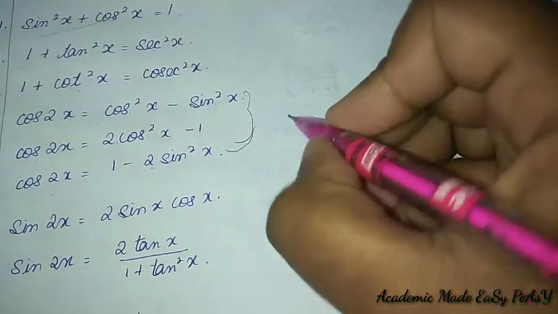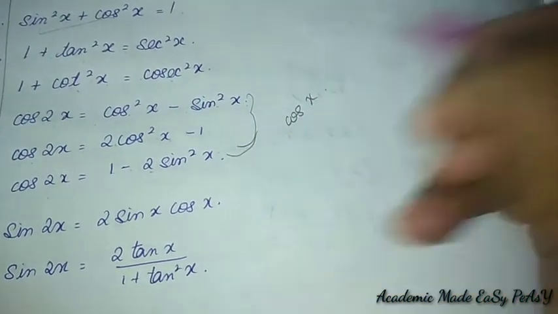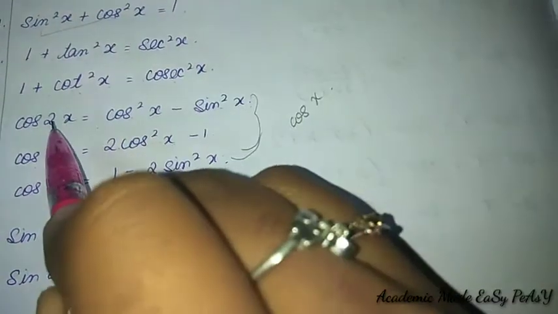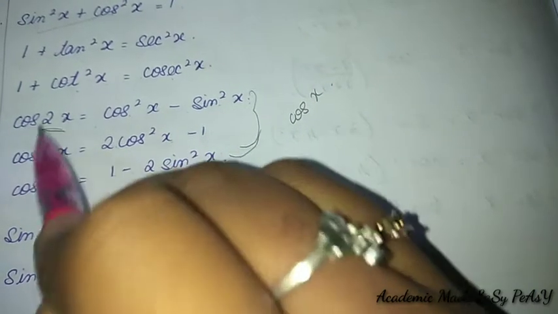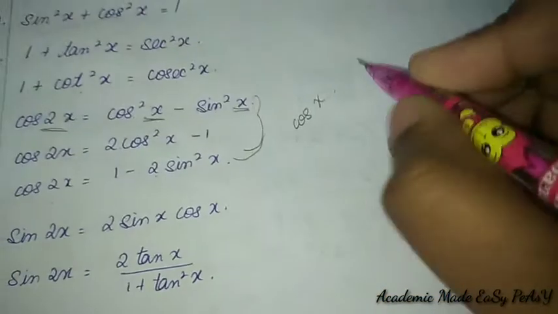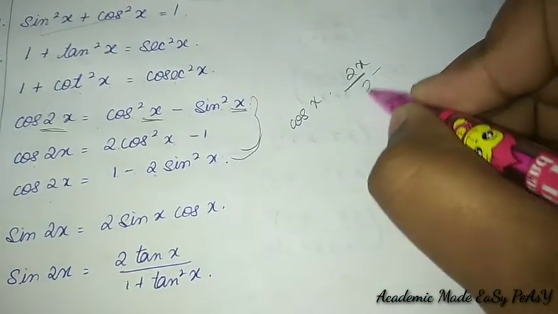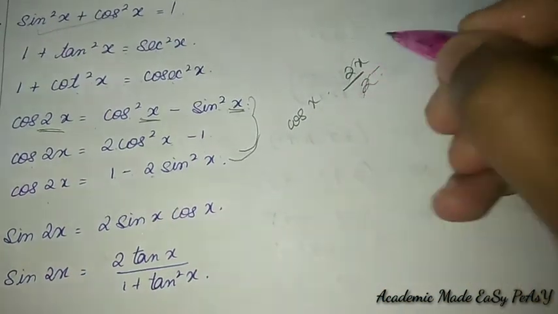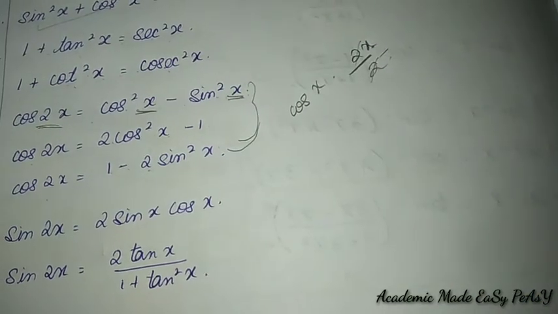For example, when cos x is alone given, look here, it is 2x. Here you have only x, so it means 2x by 2. So 2 gets cancelled, so only x is left over.